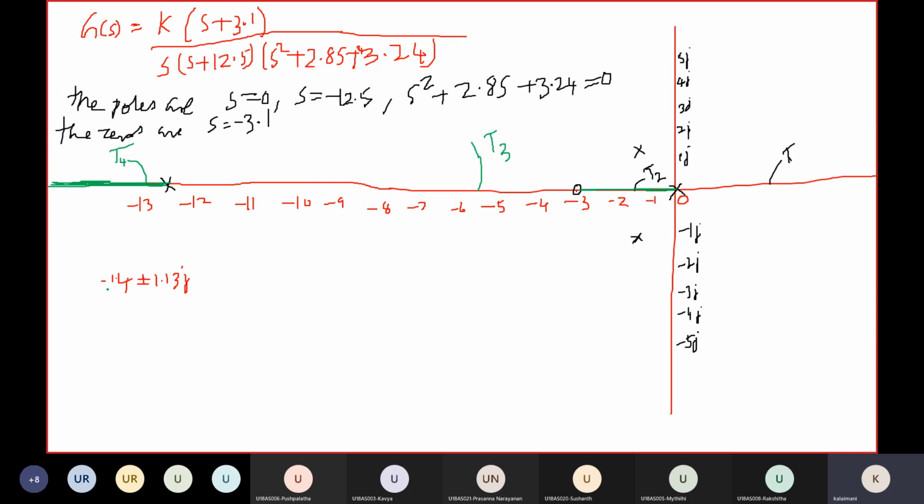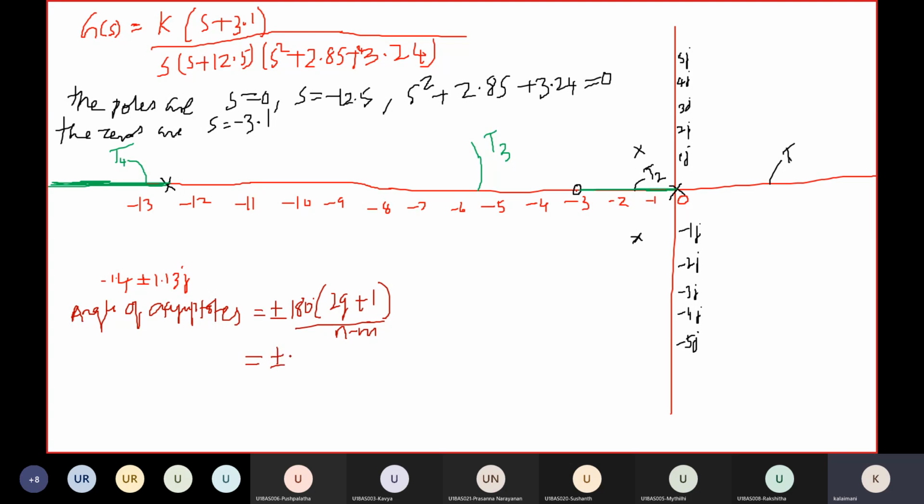Therefore, I have to find 3 angles of asymptotes. The formula for the angle of asymptotes is plus or minus 180 degrees times (2q plus 1) divided by n minus m.